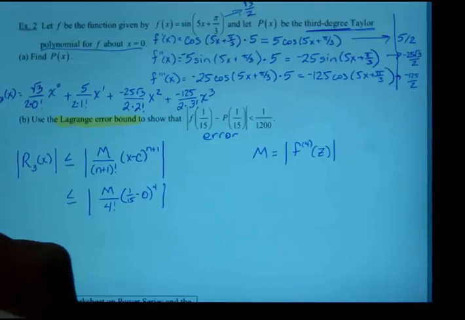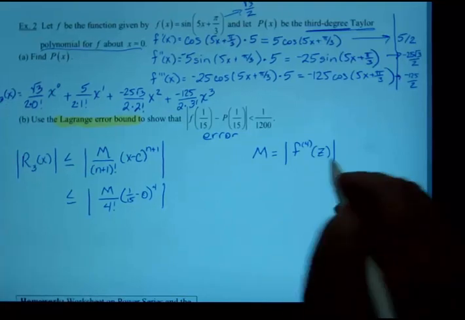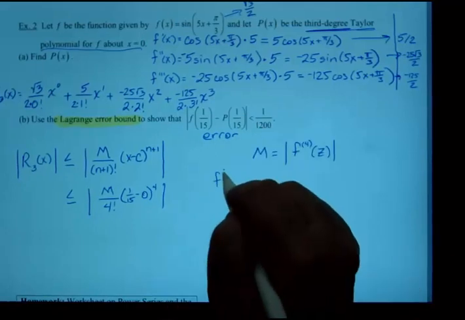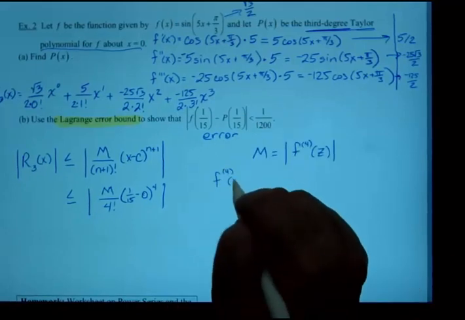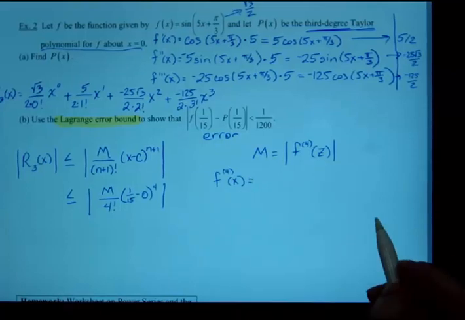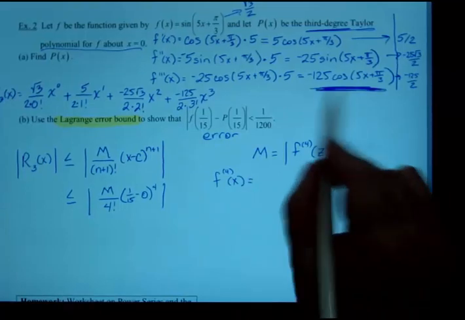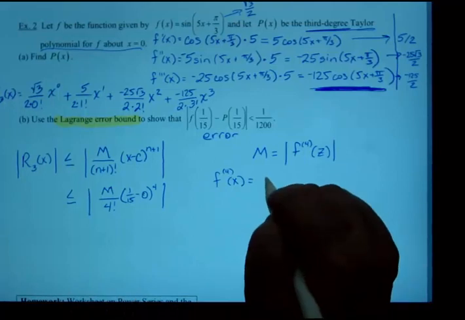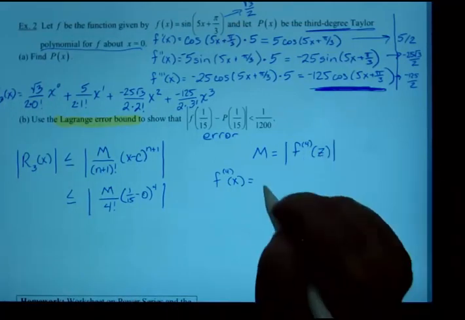Okay? So, I need a fourth derivative that I'm supposed to plug something into. So I need to go back and take the fourth derivative of my problem. Here's my third derivative over here. The fourth derivative would be negative 125.